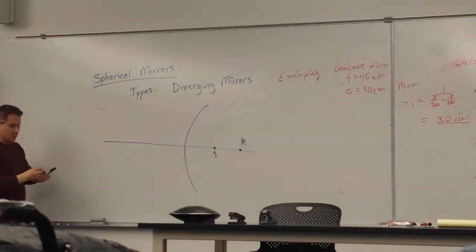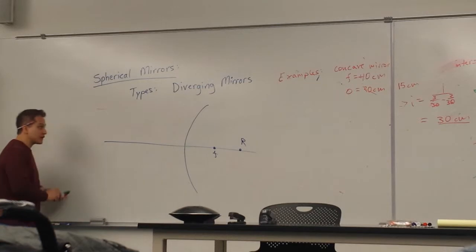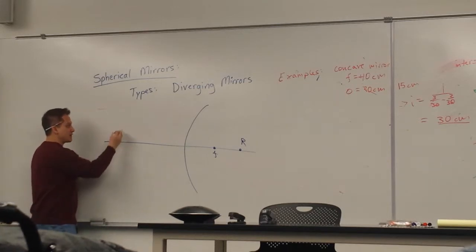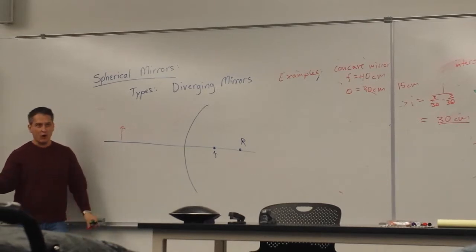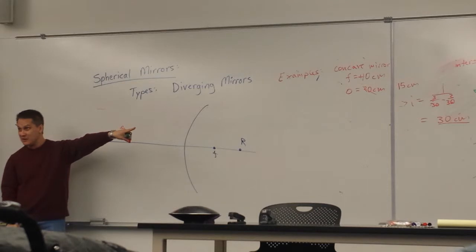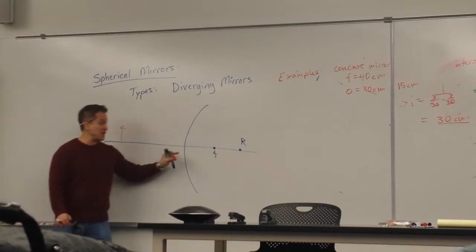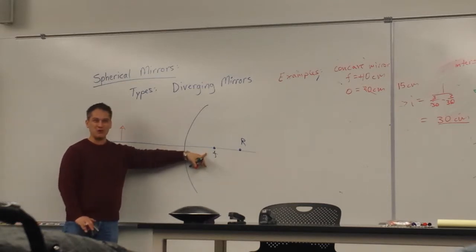So, when we played the same games for ray tracing, now we have to deal with a slightly more sophisticated analysis, but at the same time, there's only one analysis. So we put an object over here, and it doesn't matter where we put it. So remember the criteria, are you inside or outside of R, inside or outside of the focal point for a converging mirror? You can only get to one side of this focal point. There's no other place to be.